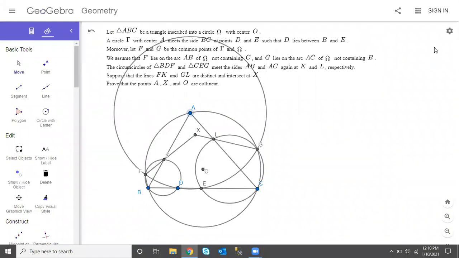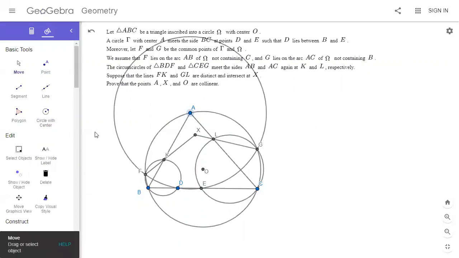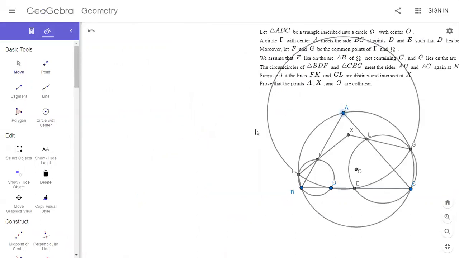And I think I might be able to do it by showing that XFOG is a kite. But how do we use the two circles of quadrilateral BFKD and ELGC? Yeah, I think I might have an idea here. Let me try something. I'm going to do a little calculation.